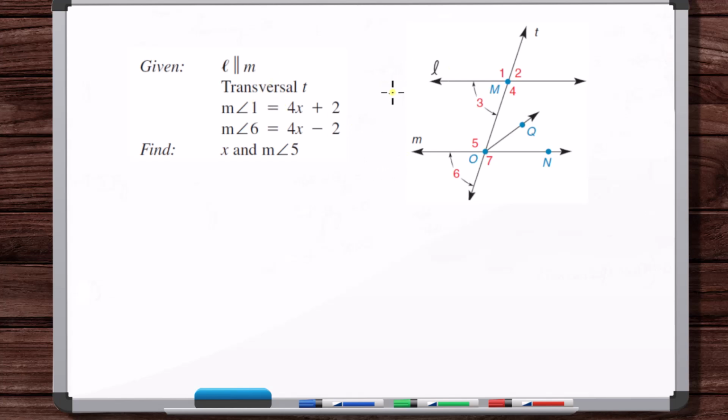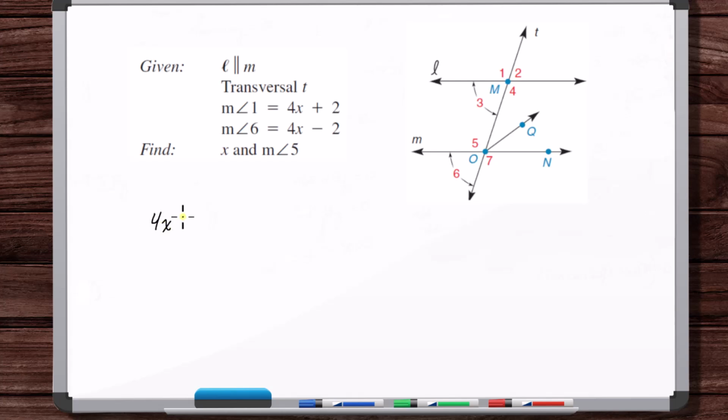Okay, same setup, but now the measure of angle 1 is 4x plus 2 and the measure of angle 6 is 4x minus 2. Find x and the measure of angle 5. How are 1 and 6 related? Are those corresponding? No, 1 corresponds to 5. Those are exterior angles on the same side of the transversal, which we had a theorem saying are supplementary. So the measure of angle 1 plus the measure of angle 6 is equal to 180.